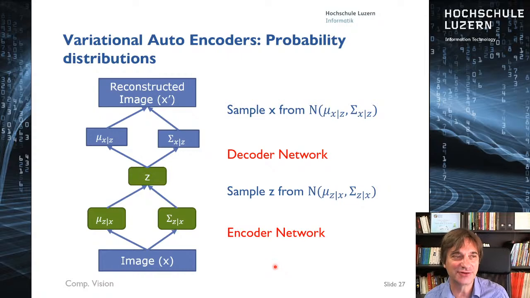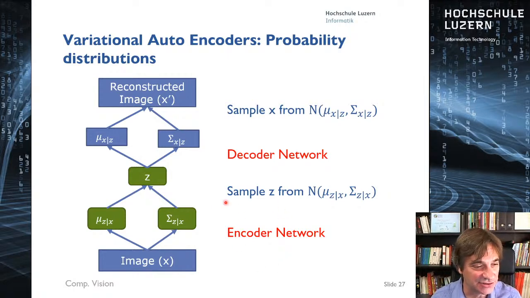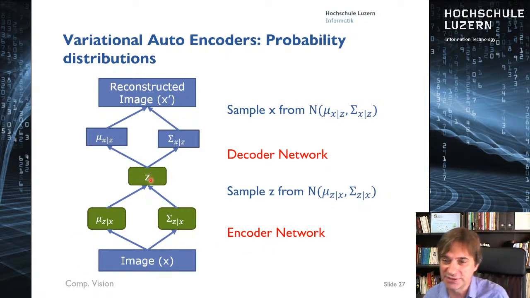Okay, so what you end up with in variational autoencoders, the math details are quite complicated, and I also think it's not necessary to go deep into them. But the essential property is that with your encoder network, from your image you learn a representation, and the representation is a Gaussian representation.